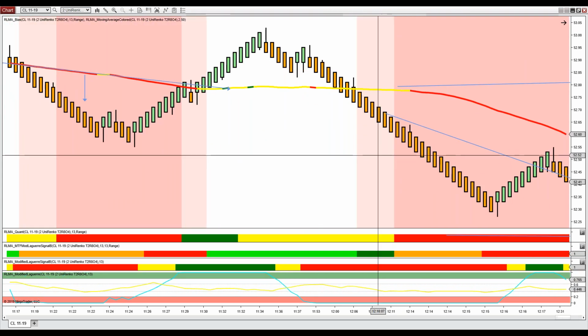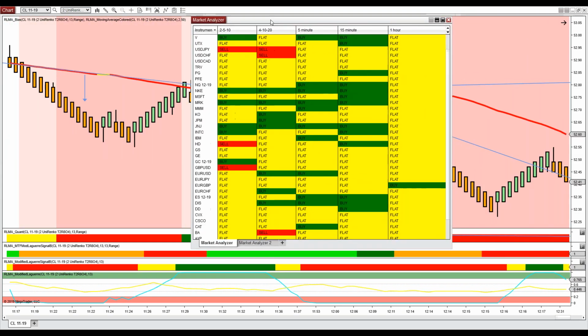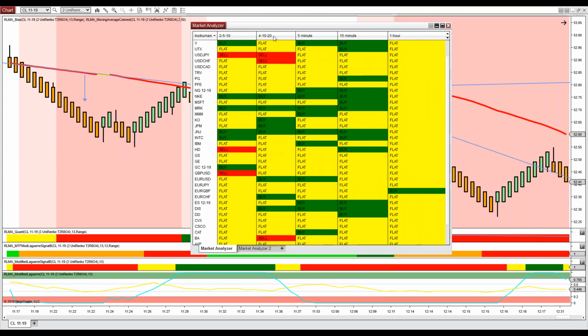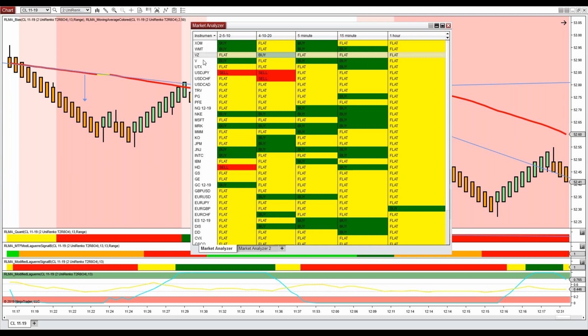Now, like I said, I'm going to bring the scanner over. You can look at any time frame you like, and you can mix and match Forex with stocks, with futures. It doesn't matter. As long as you have a data feed, it's going to give you a great entry.